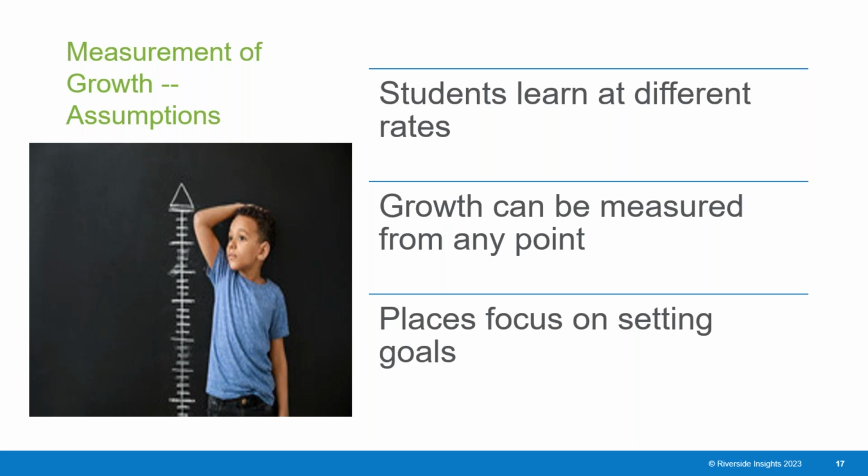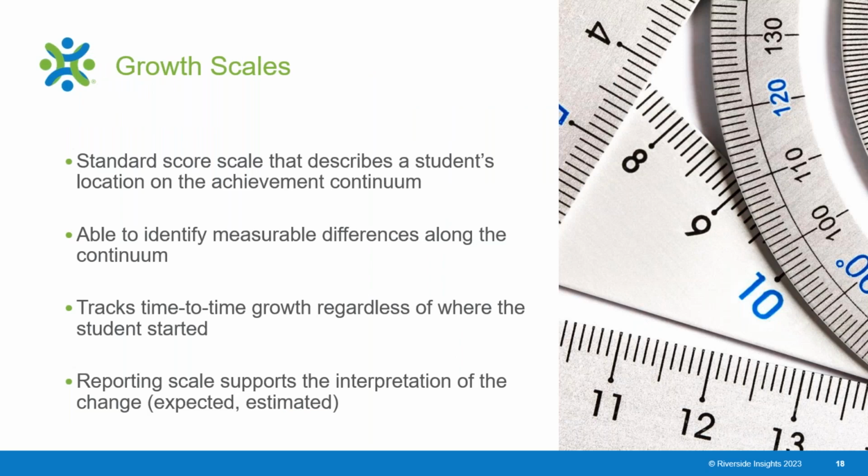The next slide goes into some of these details with respect to what we call the achievement continuum, which is really a very broad range of points on a learning trajectory. Sometimes these are called learning progressions that span a very wide range.